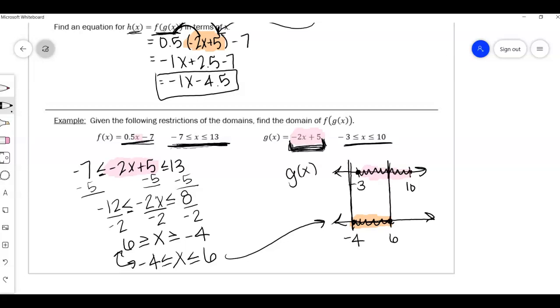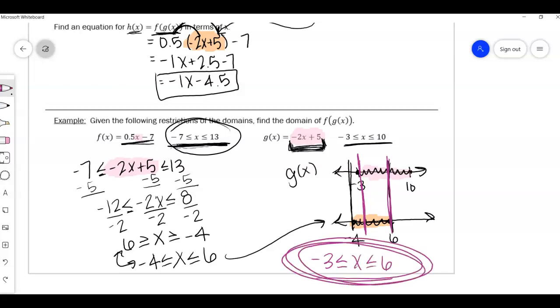So yes, we can plug in numbers negative 4 to 6 into g to make f of x happy, but right away at the beginning, we're not going to be able to plug in negative 4. That's not allowed. So our final domain has to make both of them happy, and that's going to be between negative 3 and 6. And if you were to graph these like we were doing in class, this is where you would see the graph appear, is between negative 3 and 6.